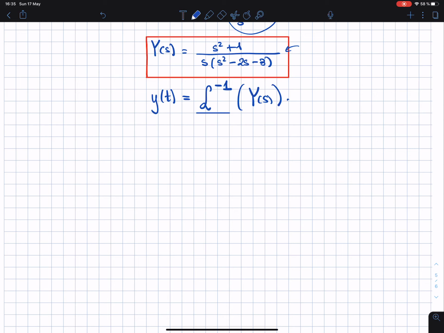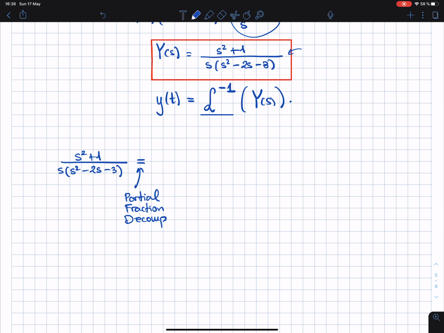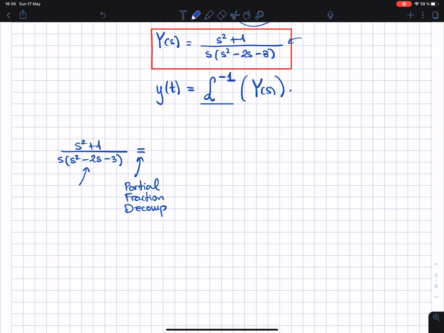So the first thing we need to do here is to check if we can compute the partial fraction decomposition of this function. In order to do partial fraction decomposition, the first thing is that we need to know the roots that we have in the denominator. For example, here, I need to compute the roots of this equation, s squared minus 2s minus 3 equals 0.